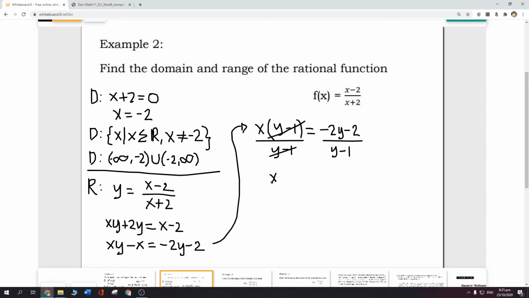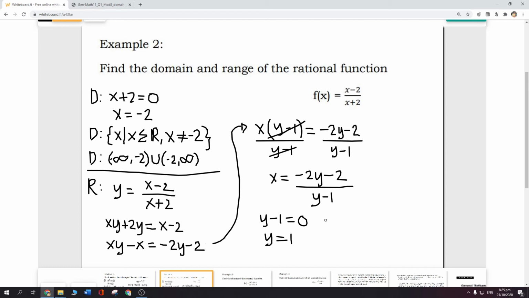So we only have now x equals negative 2y minus 2 over y minus 1. In this case, we are going to equate the denominator, which is y minus 1, to 0. So we have now y is equal to 1.